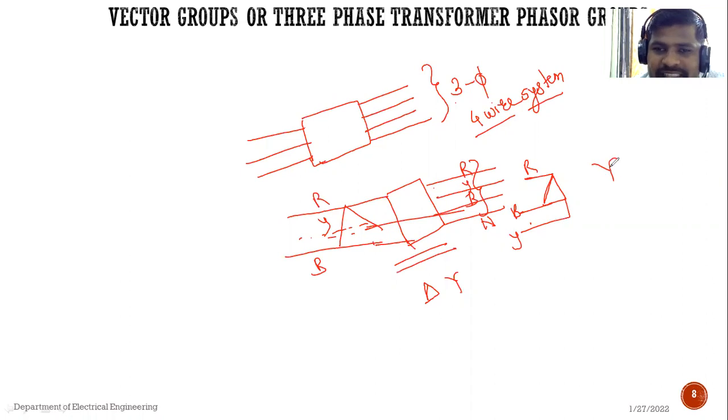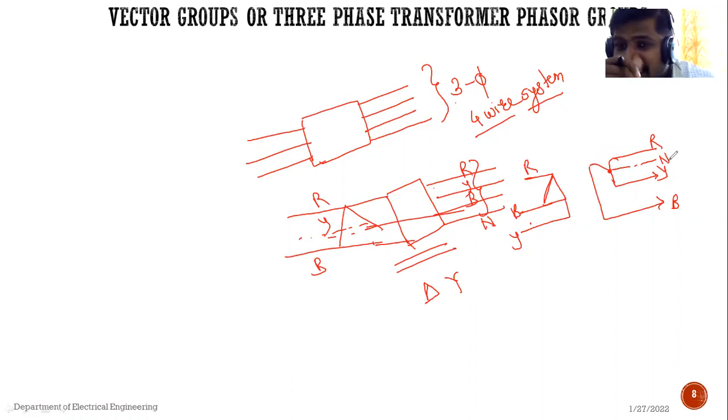And in star connection we get four wires: one R phase, second one Y phase, third one B phase, and the second terminal common, this is taken as a neutral. This is the common terminal of all three windings together, the second terminal.